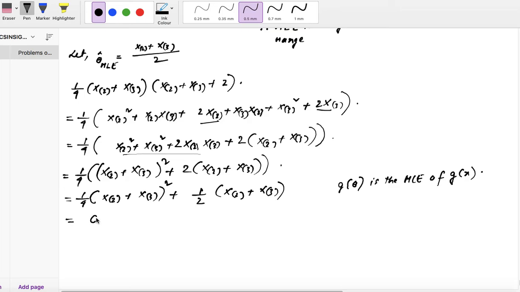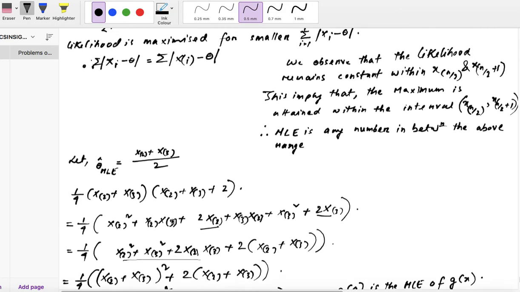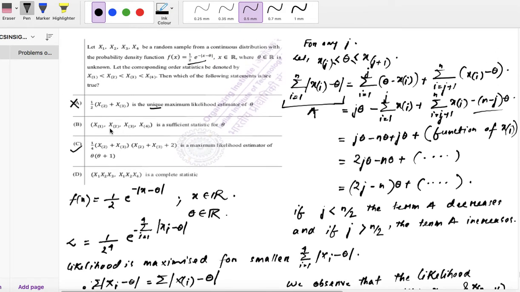We can say this is theta square plus theta, the MLE of theta square plus theta. This came after applying the invariance property of the maximum likelihood. So this option is correct.